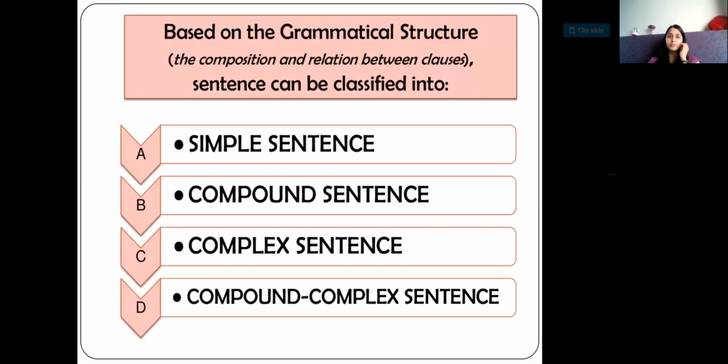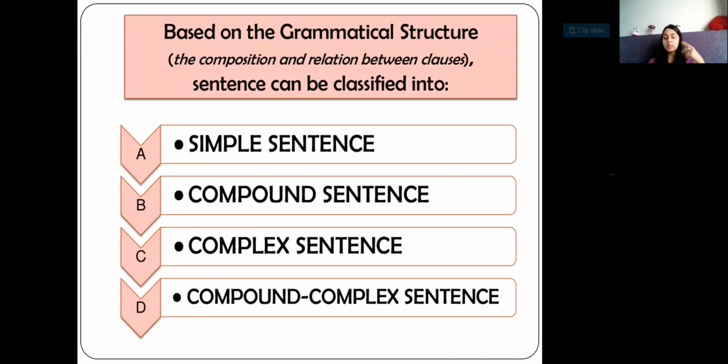All right. Now let's see other sentences. These sentences are based on grammatical structures, on proper grammar. If you see page number 94, you will find types of sentences in structural classification. Structural classification means the grammatical structure.